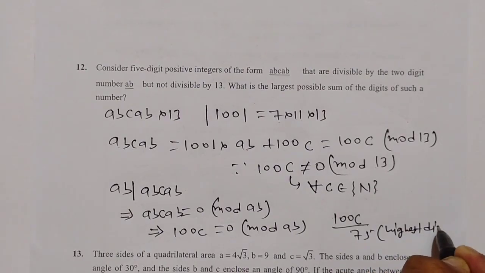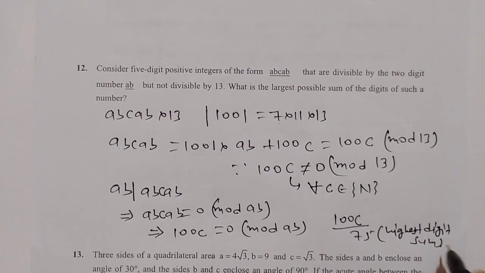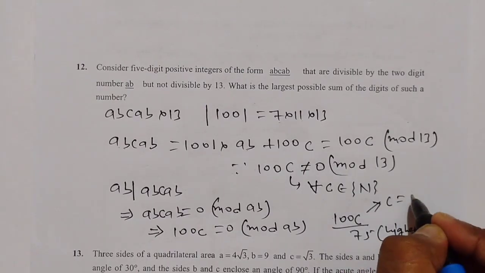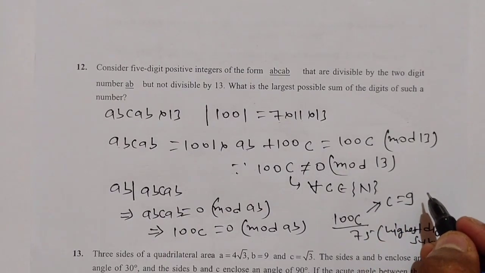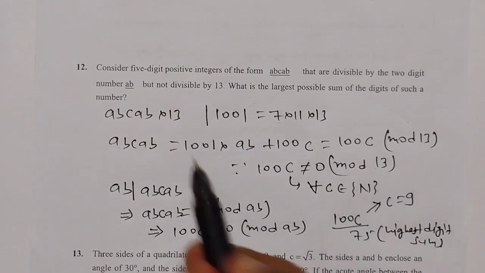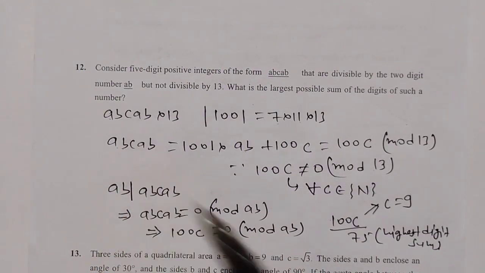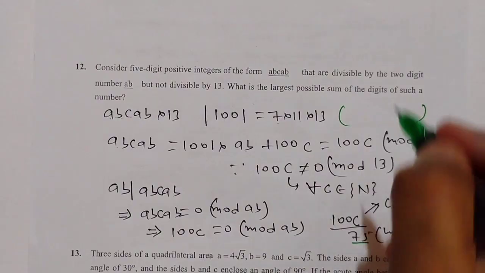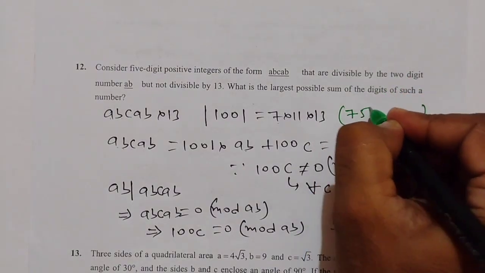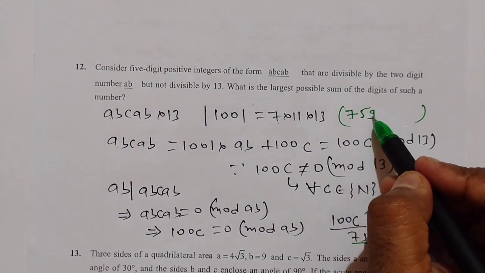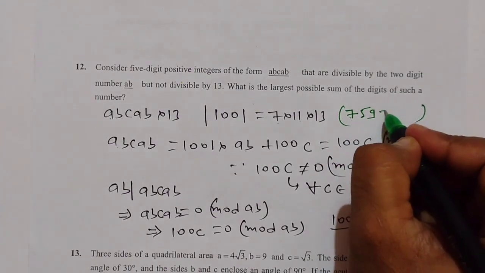This is the highest digit sum, and here C is equal to 9. For the largest sum of digits, according to ABCAB, the first is 75, the third is 9, so this is ABC and AB, again 75.